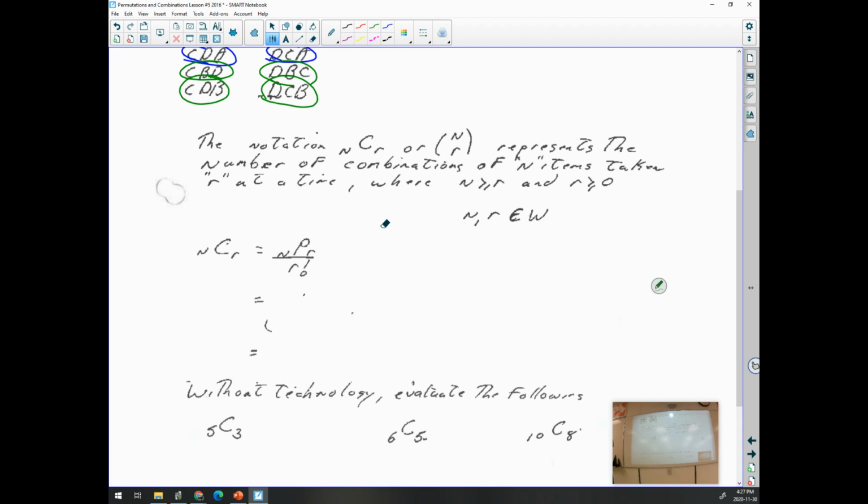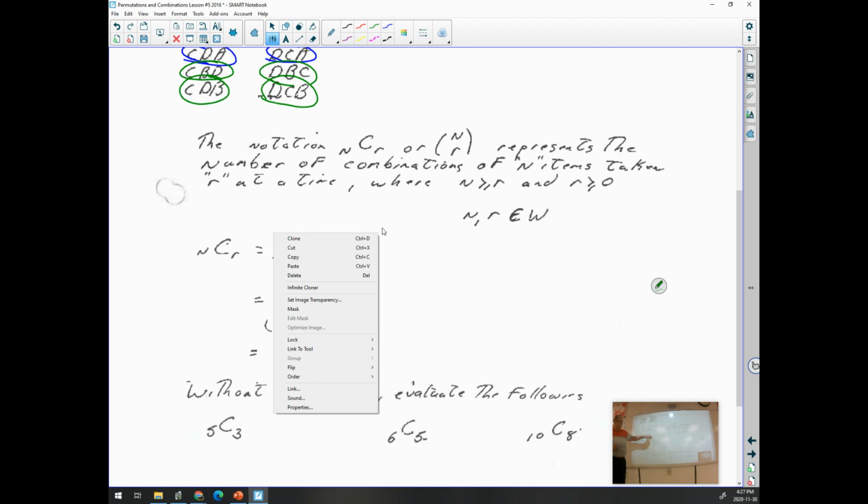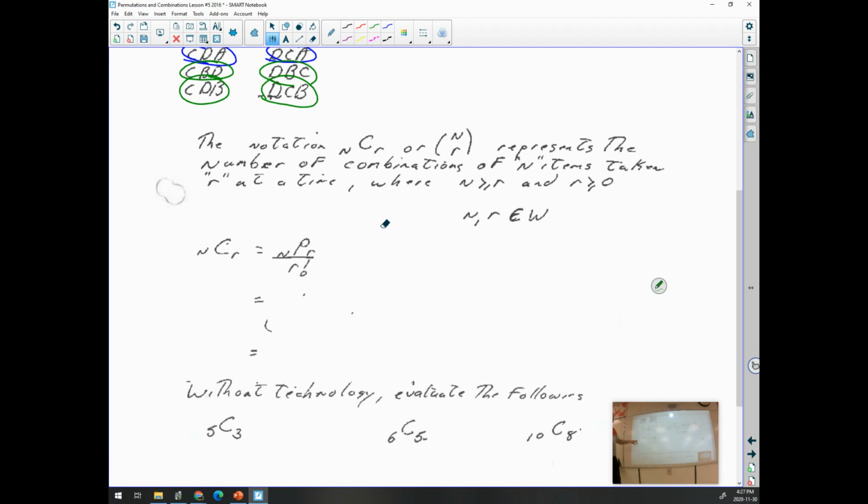So what we have, as I mentioned earlier, is that we can take the number of permutations for 3 objects from 4 and divide it by 3 factorial. In general, the formula for n choose r, or n combination r, I use the word choose, is the number of permutations divided by r factorial. The number of permutations was n factorial over n minus r factorial.